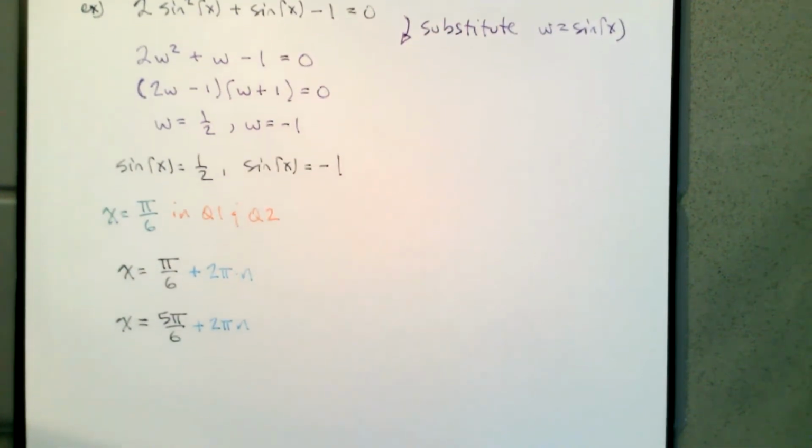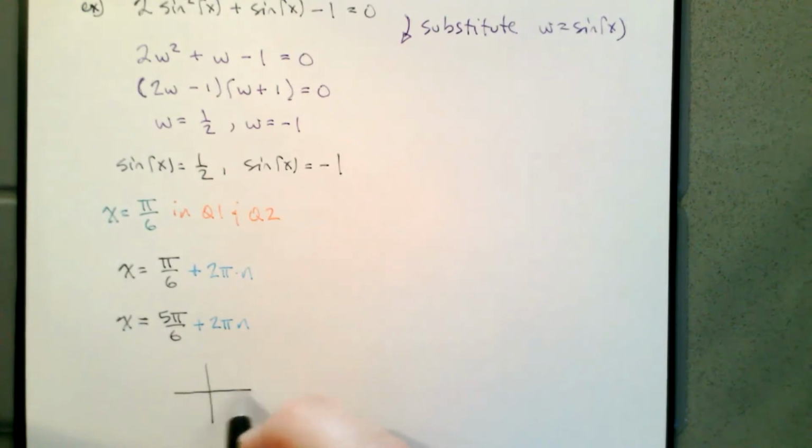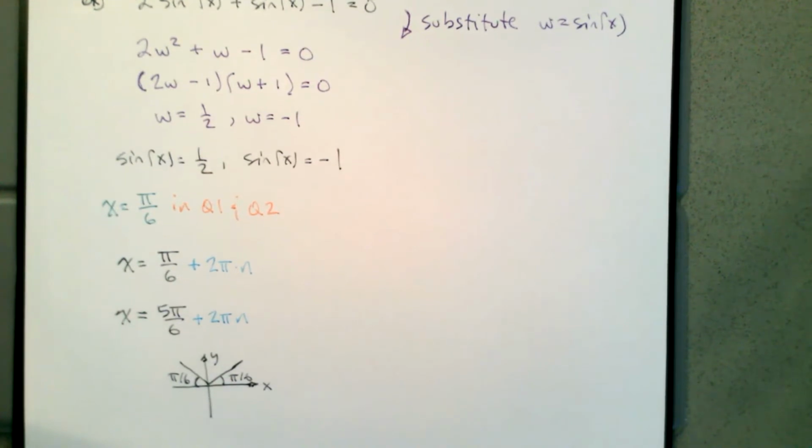So in this case, I want to put a pi over 6 radian angle in quadrant 1 and quadrant 2. So I need pi over 6 here and pi over 6 here. So the way that you get these values is you look at where sine would be positive or negative on the unit circle, correct?